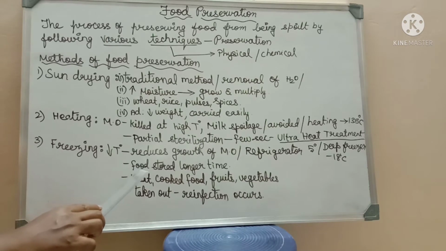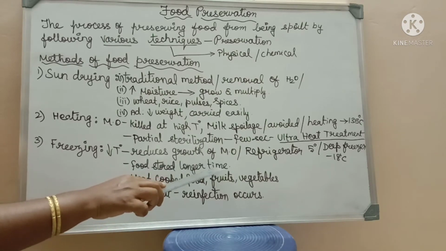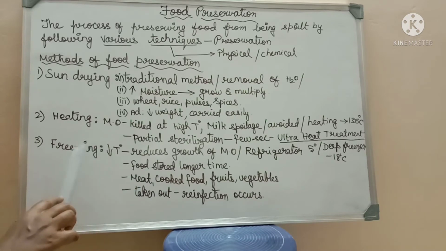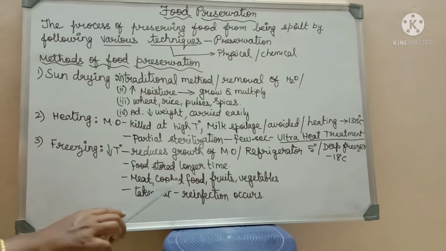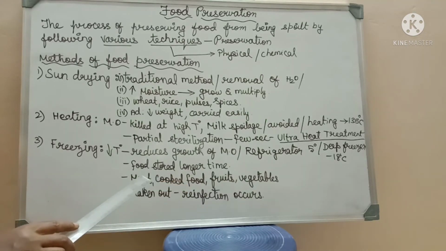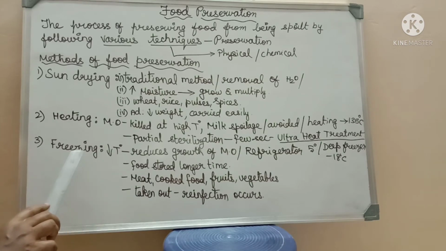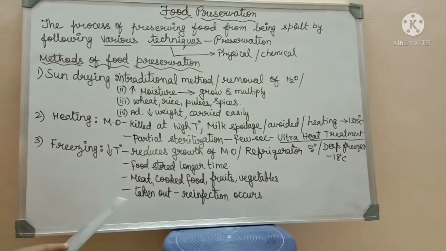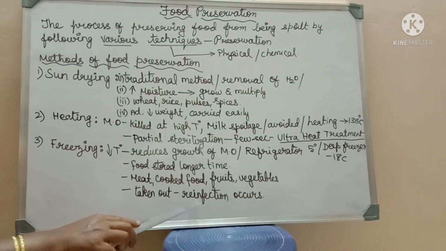So, the food items can be stored for a longer duration. Examples of food items stored by freezing are meat, cooked food, fruits, vegetables and so on. But when it is taken out of the refrigerator or deep freezer, reinfection occurs again.